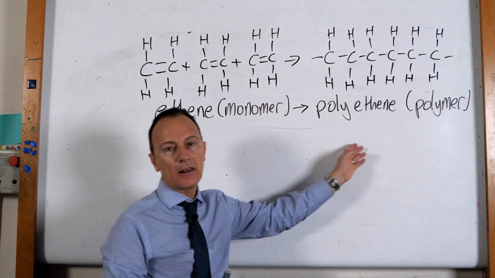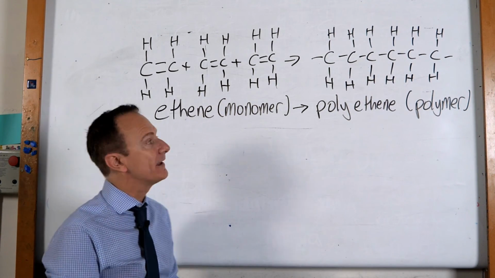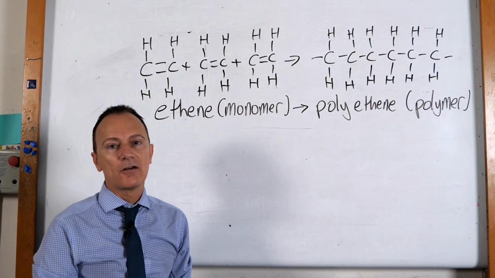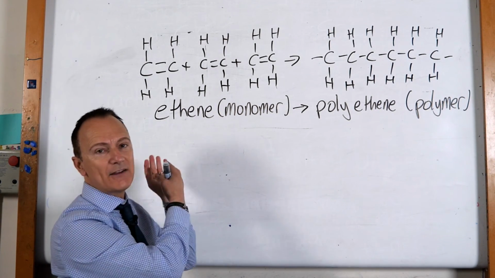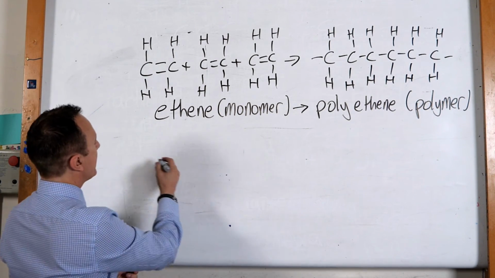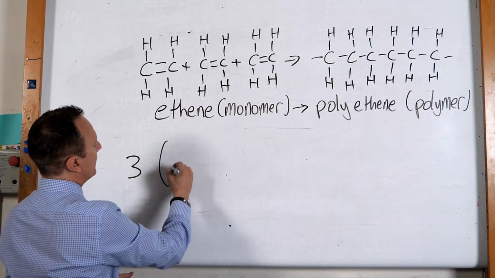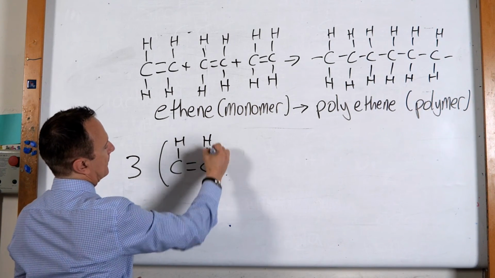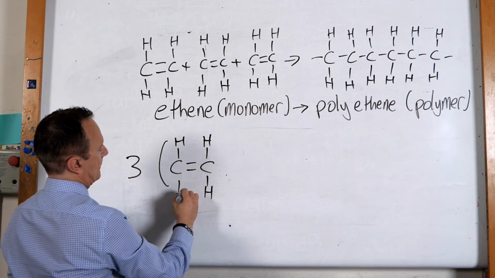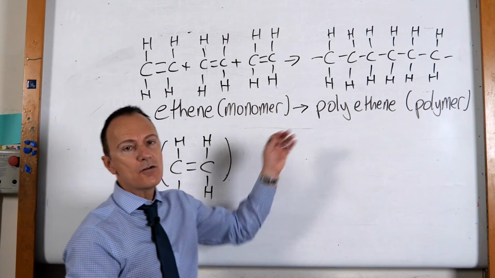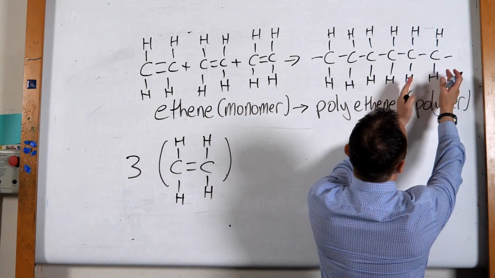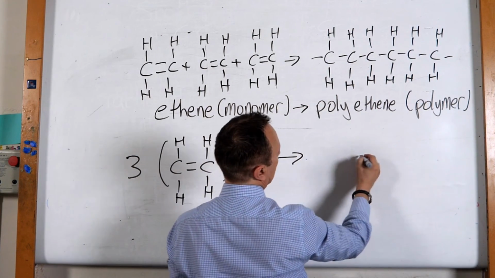They would make a longer molecule of polyethene, and we can see the 6 carbon atoms represented in that long molecule. But really, instead of drawing it that way, we could say, well, we're starting off with 3 molecules of this, and the long molecule we get is really the same thing repeated 3 times over.